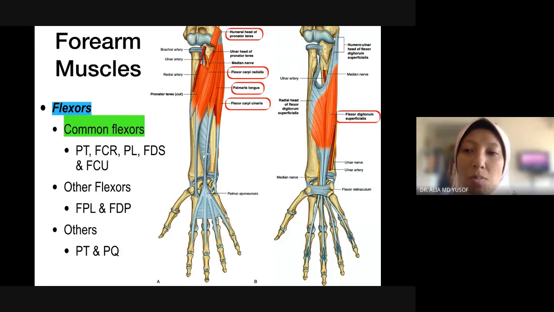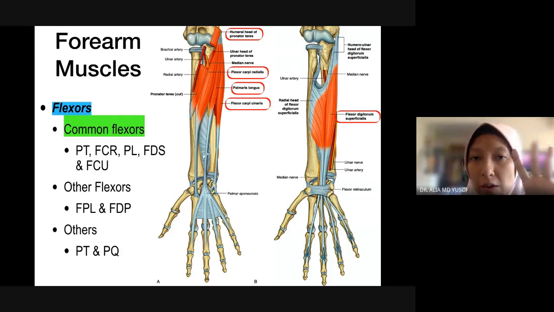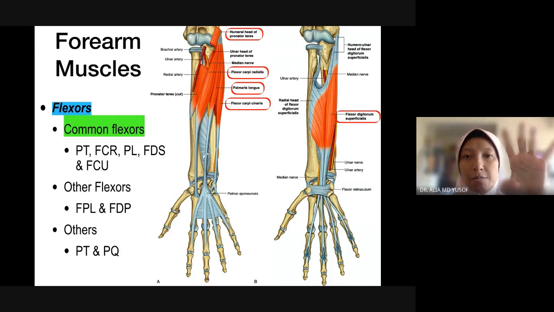Now, remember, in the common flexor there are 5 muscles: pronator teres, flexor carpi radialis, palmaris longus, flexor carpi ulnaris, and flexor digitorum superficialis.